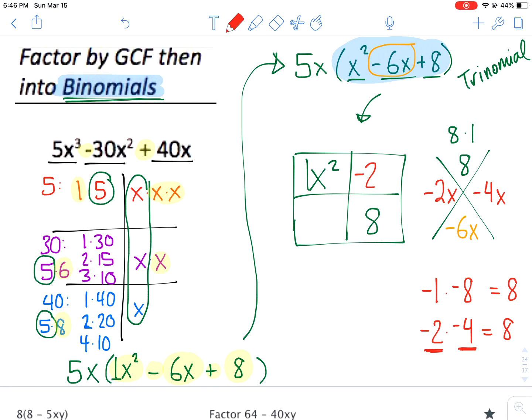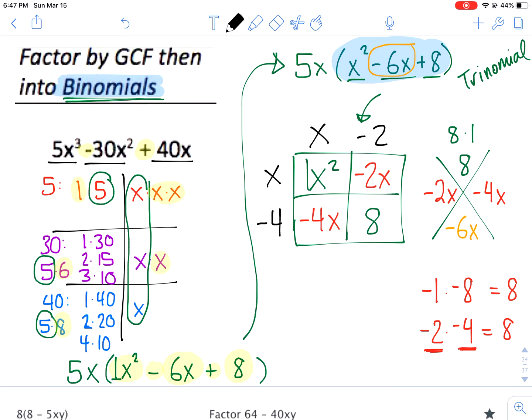So we have negative 2x and negative 4x. The only things that we can use to multiply to get 1x squared is just x times x. X times negative 2 is negative 2x. And x times negative 4 is negative 4x.